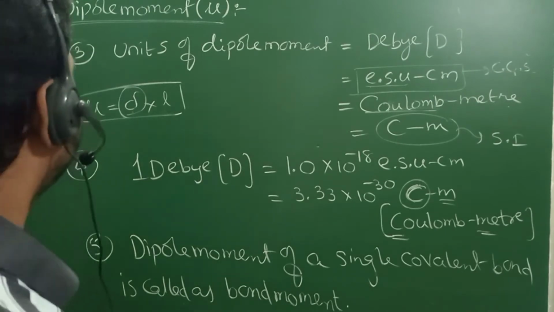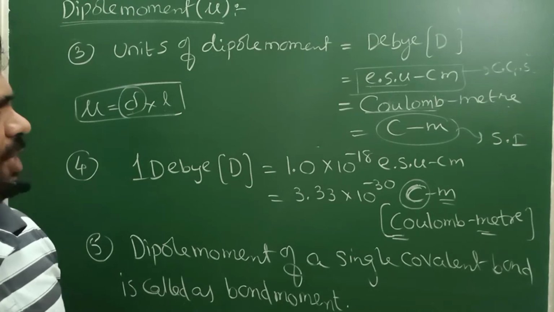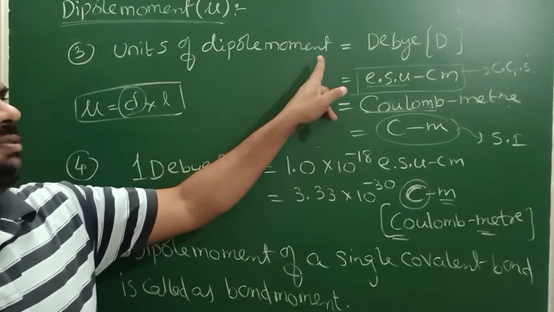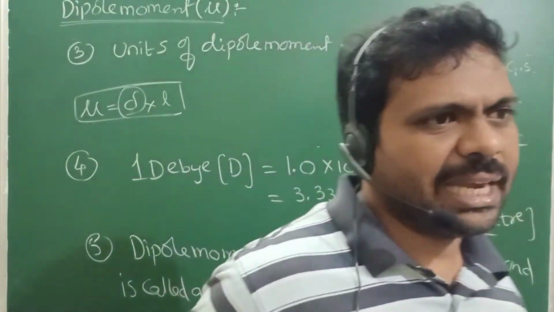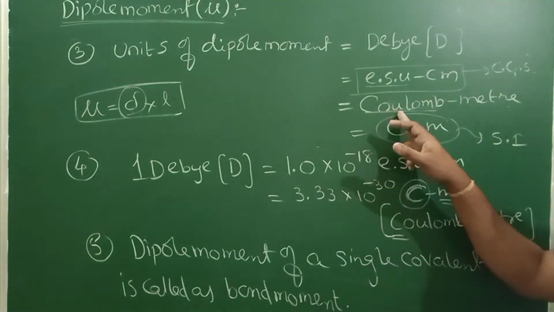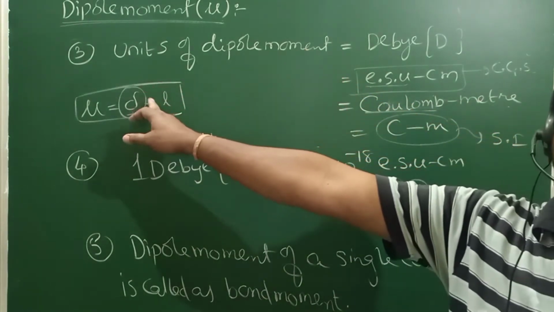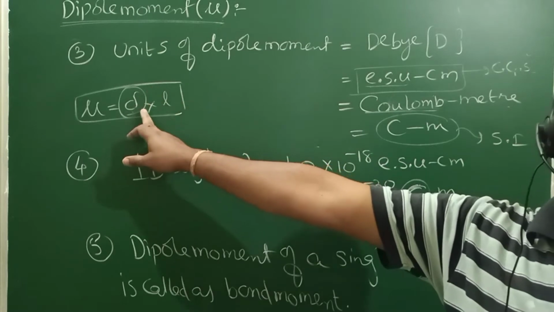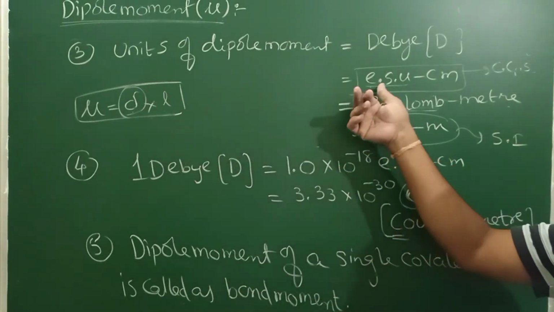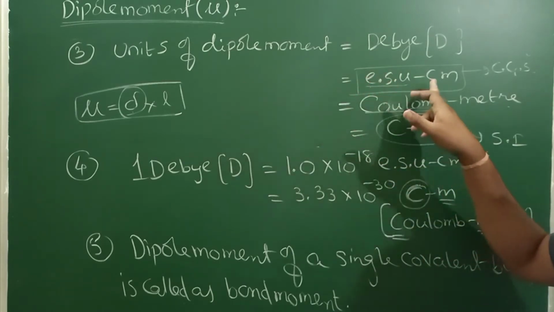Okay students, the definition of the dipole moment is completed. Now the third point is the units of the dipole moment. The units of dipole moment are the Debye, another unit is the ESU centimeter, and the third one is the Coulomb meter. The dipole moment formula is delta into L. Delta is the charge and L is the length. The charge unit is the ESU, electrostatic unit, and the length unit is the centimeter.